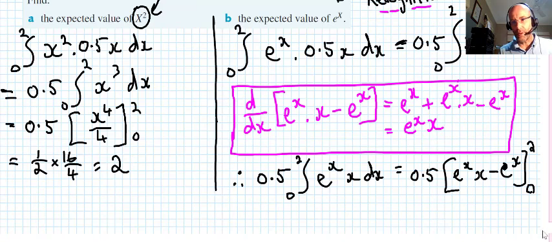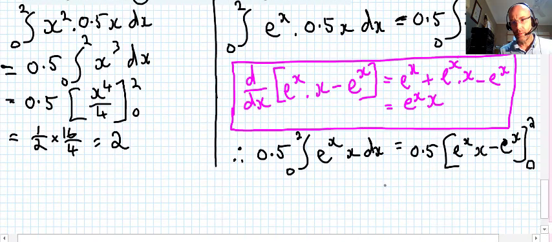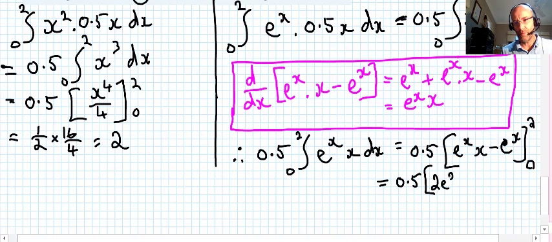So we get that, and subbing in our values, we've got 2, so that'd be 2e squared minus e squared, minus, let's put some brackets there, little brackets, squeeze them in.